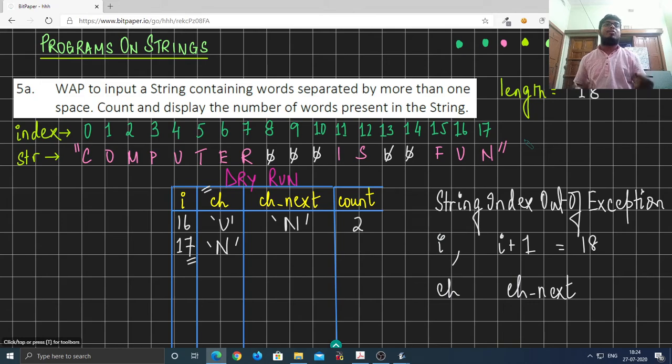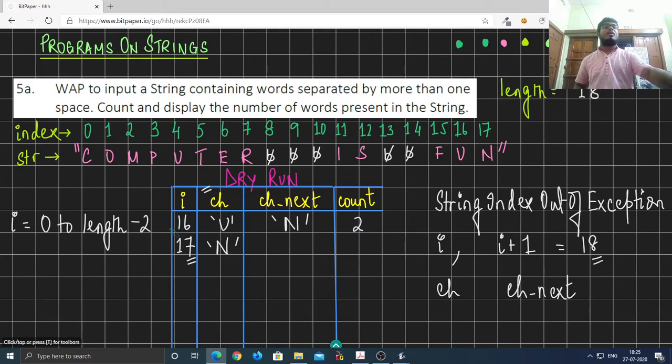Therefore, if it tries to access an element at position 18, it would throw a string index out of bounds exception. And this is the reason why I should only run from 0 to length minus 2. Because we only need to run I till the second last index, since we are always extracting 2 characters at a time. Think about it.